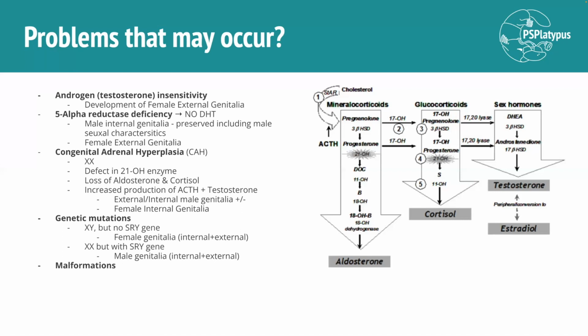Also, on the flip side, you can have patients with sex chromosomes XX, but with the presence of an SRY gene, and therefore the development of male genitalia as a result of anti-Mullerian hormone as well as testosterone due to the pathway shown before. Additionally, malformations can occur due to any of these steps being a bit out of whack and not in line.